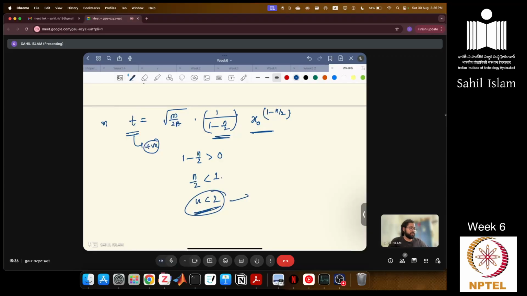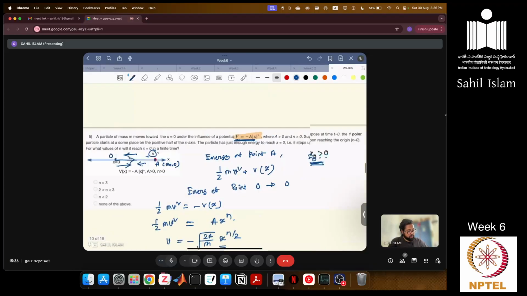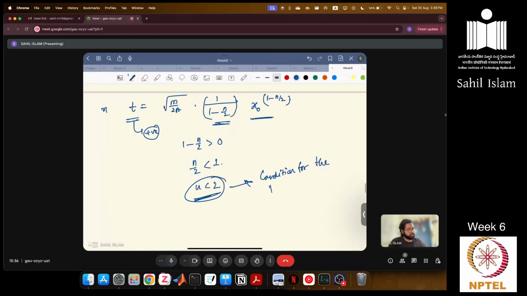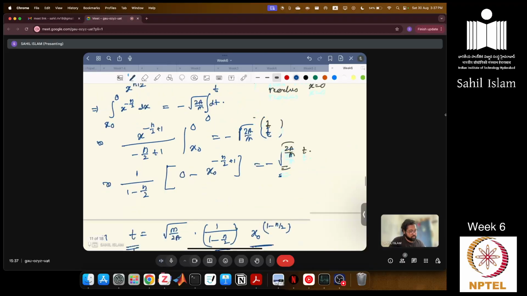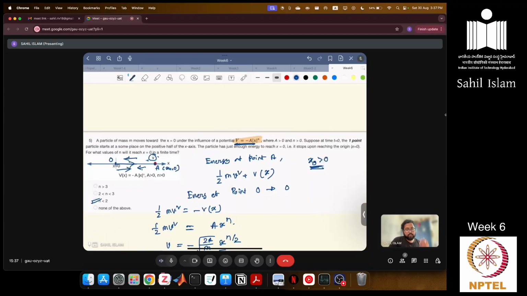So this is the condition for the particle to reach the origin in finite time. Okay, so n less than 2 is the answer.